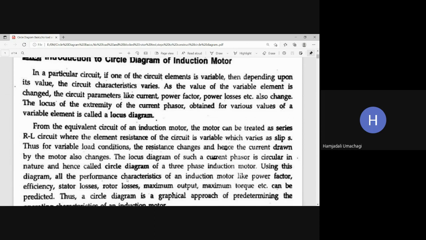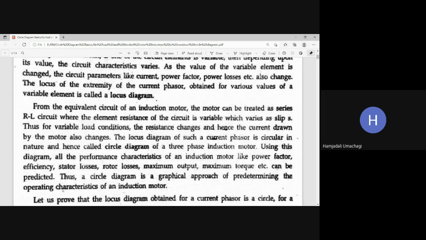Using this diagram, all the performance characteristics of an induction motor like power factor, efficiency, stator losses, rotor losses, maximum output, maximum torque, etc. can be predicted. So this circle diagram is used to predict the performance of a three-phase induction motor. Thus, a circle diagram is a graphical approach of predetermining the operating characteristics of an induction motor.